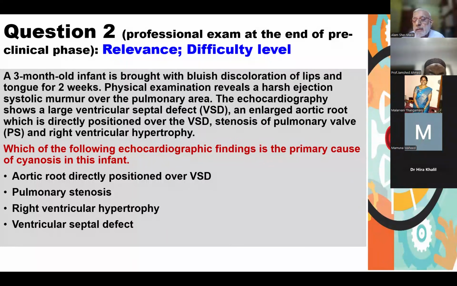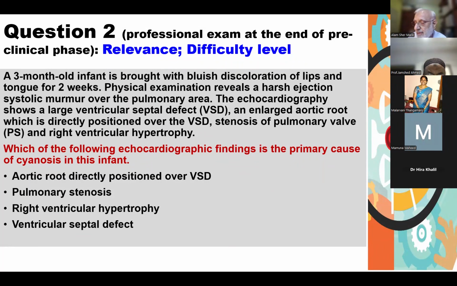Anybody? Dr. Malar, what do you think? You think it is essential knowledge, or important or acceptable? You think the students must know the components of tetralogy of Fallot and should know what is the defect which causes cyanosis?